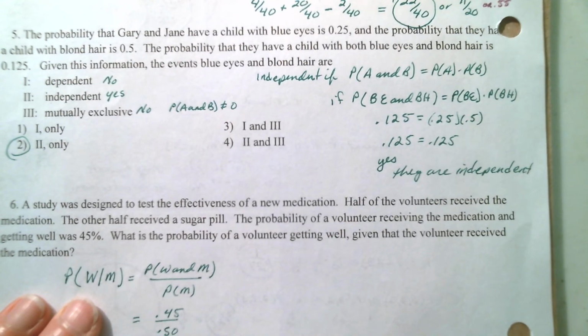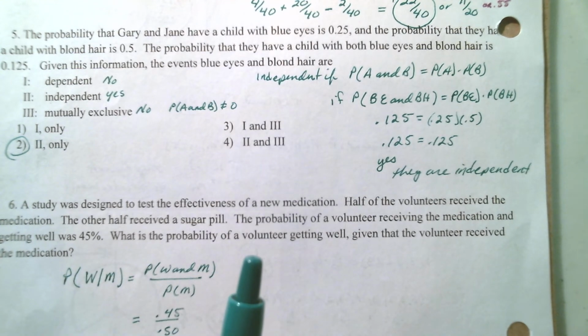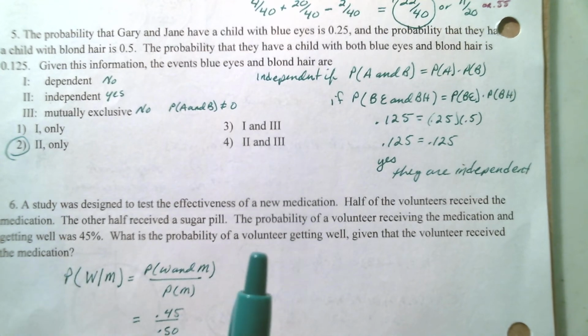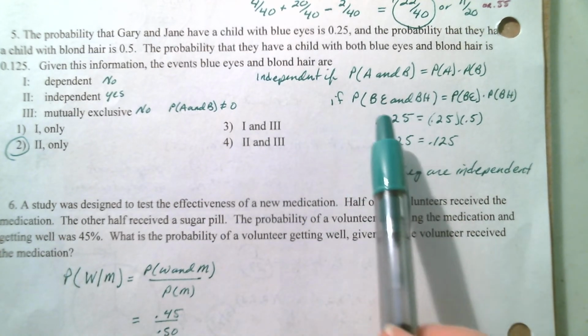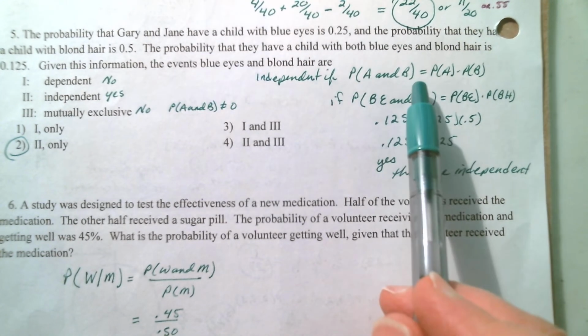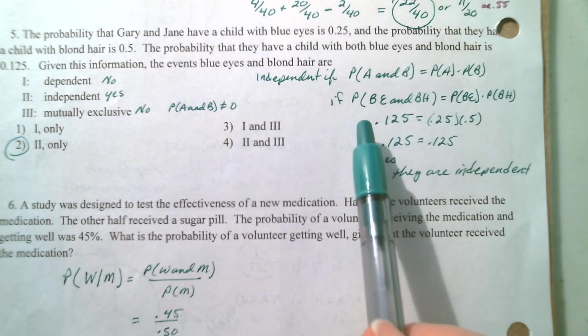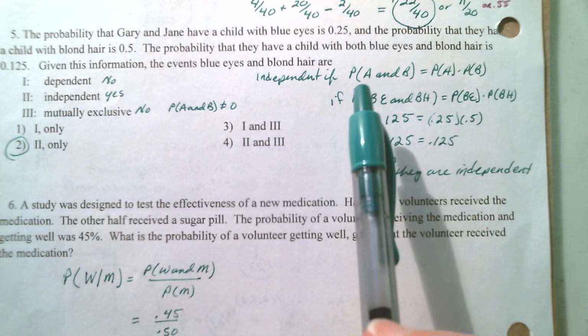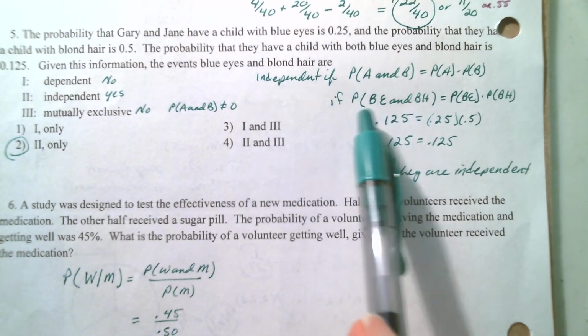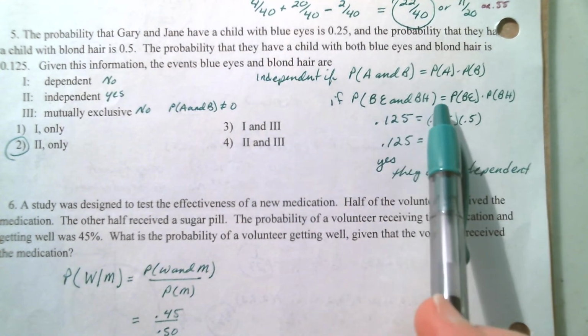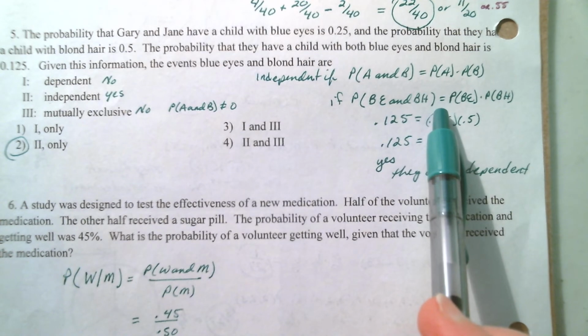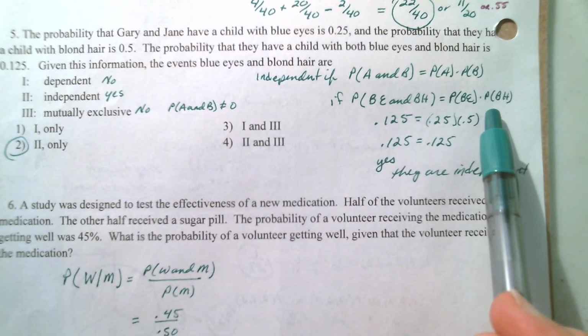So given this information, the events blue eyes and blonde hair are, well, are they dependent, independent, mutually exclusive? So I said independent if the probability of A and B equals the probability of A times the probability of B. So the probability of blue eyes and blonde hair equals the probability of blue eyes times the probability of blonde hair.